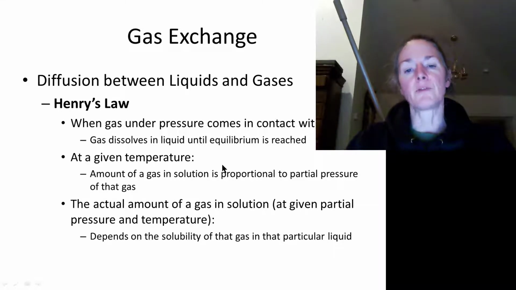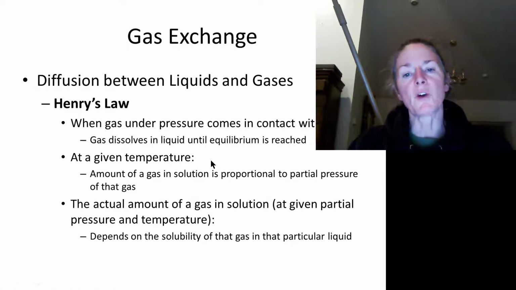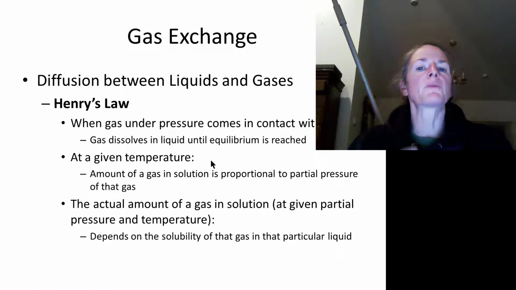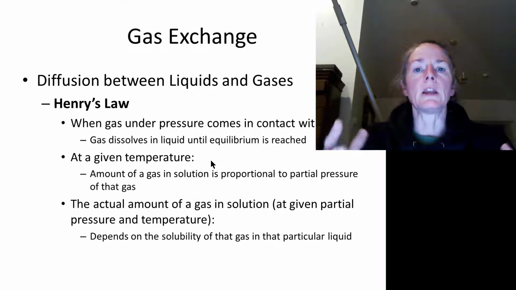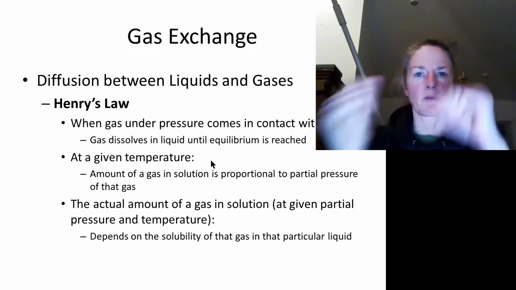Because as we've seen before with the gas laws, volume has an effect, but temperature is also going to have an effect because temperature and volume are related. So if we had a gas that was unconstrained and we heated it up, it would expand, obviously, because it's going to have more energy. And so the particles are going to bump around each other more.